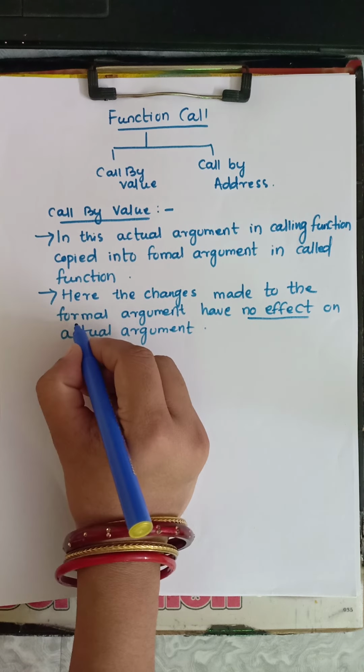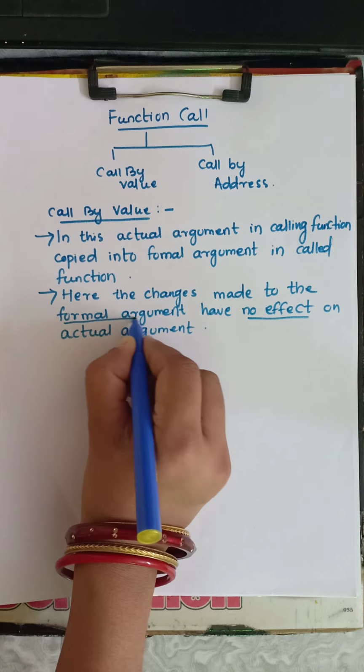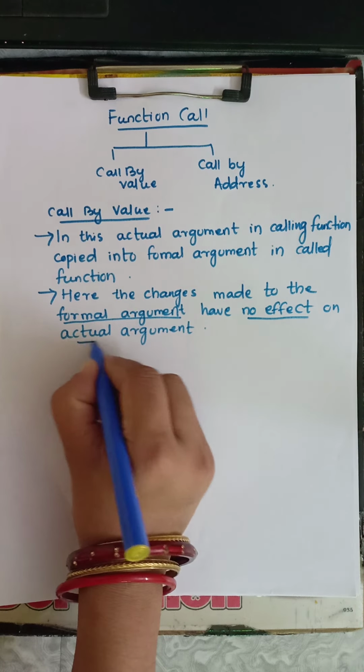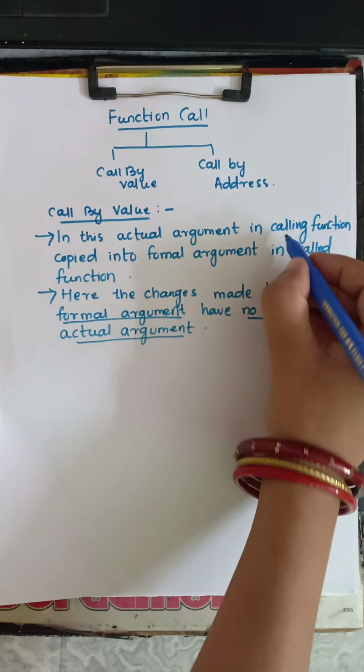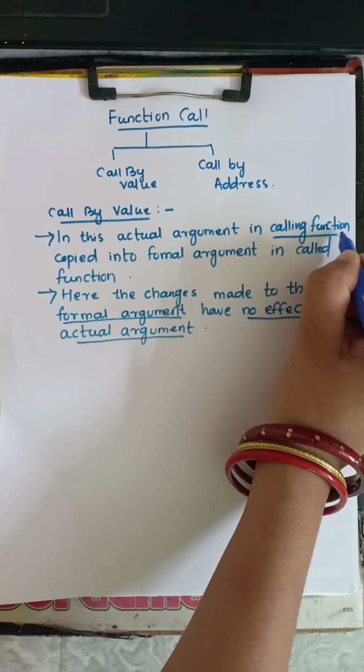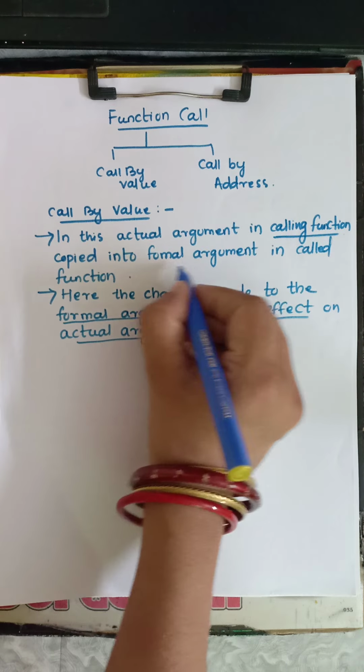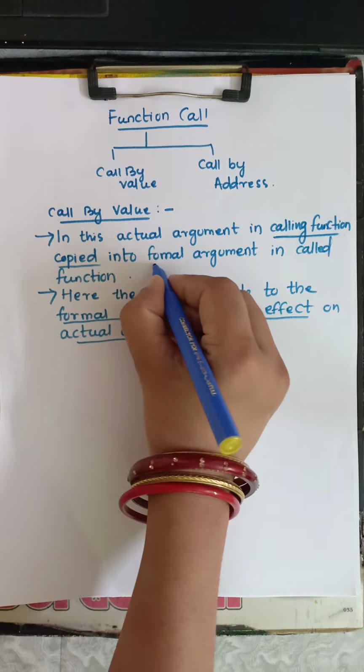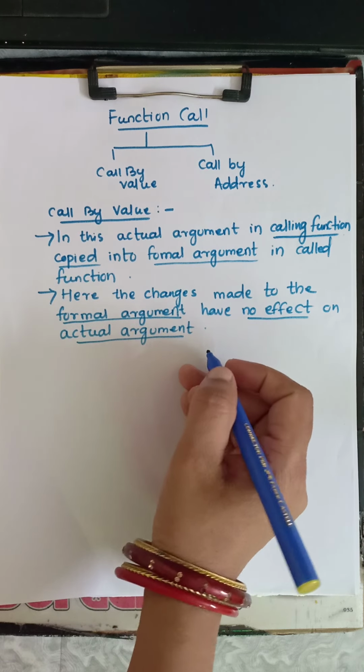If we change the formal argument, that does not affect the actual argument. So here the calling function in main copies the values into the formal argument.